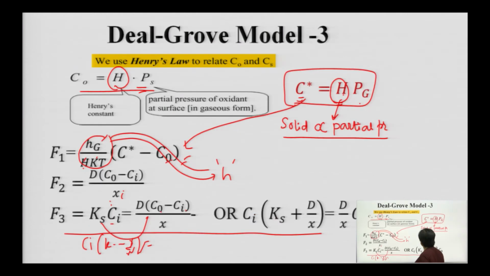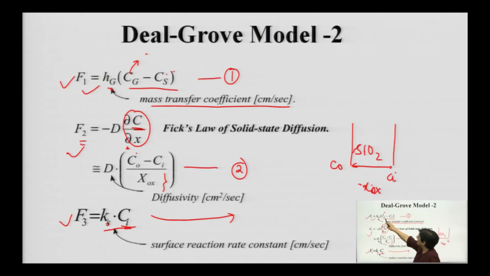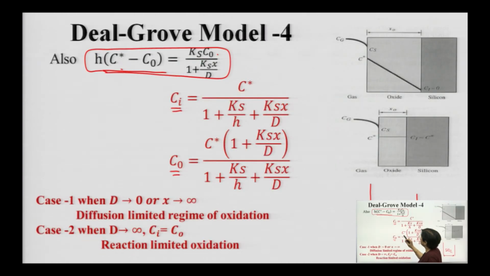When I substitute, a simple substitution, Ci over here, and Co with this particular value, I try to equate, and I get C star, the equilibrium concentration, divided by 1 plus Ks by h, which is constant, Ksx divided by D, and Co comes out to be C star.